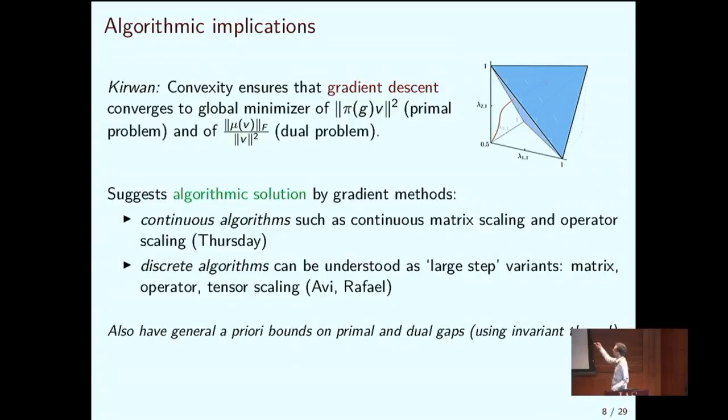And by this duality, we'll at the same time converge to a global minimizer of this norm square, as well as the dual problem. We saw in the duality that if the left-hand side is larger than 0, the dual optimum will just be 0. And so here's a little picture of how this plays out. I should say, in a way, this goes back to Kirwan.